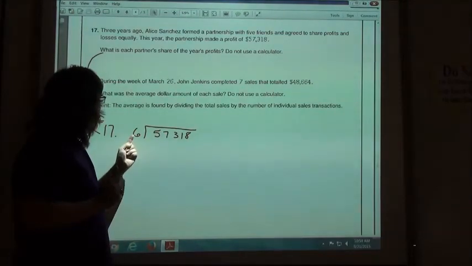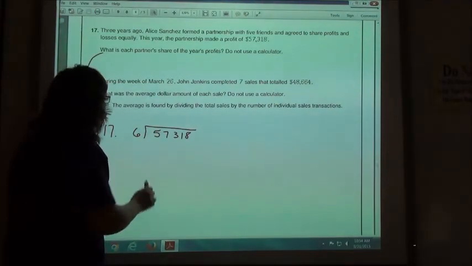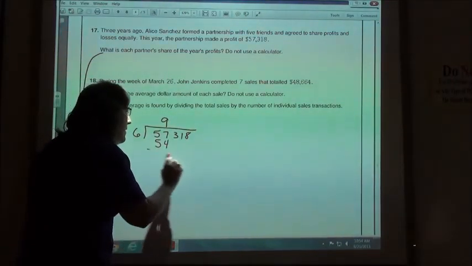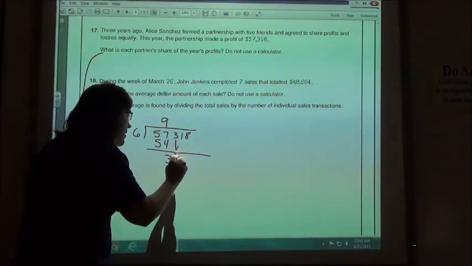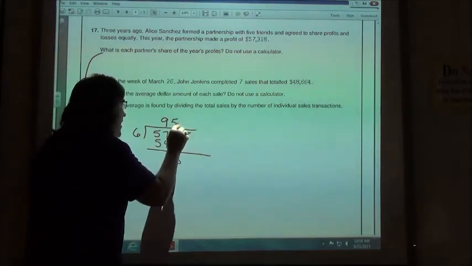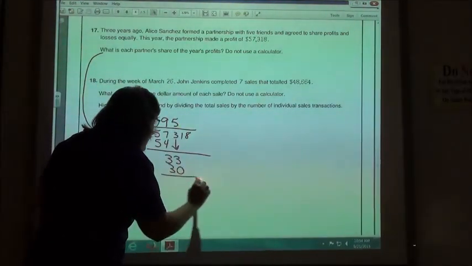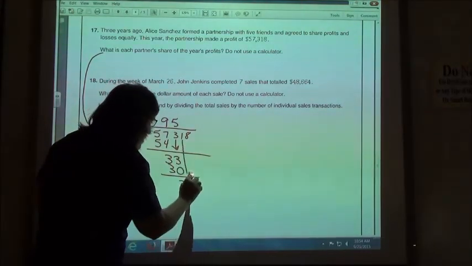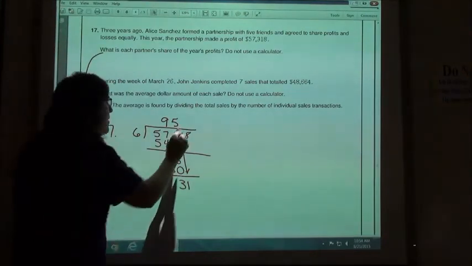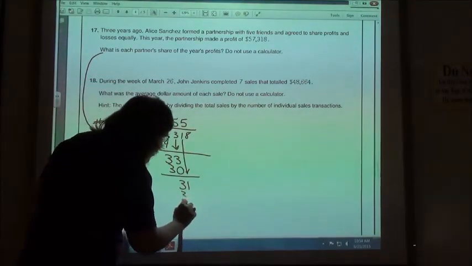So then we're just going to go ahead and do our long division. 6 doesn't go into 5, 6 goes into 57, 9 times 6 is 54. Bring down my 3 and then bring down my other 3. 6 goes into 33, 5 times 6 is 30. Get a 3 again. Bring down my 1. 6 goes into 31. 5 times 6 again is 30.